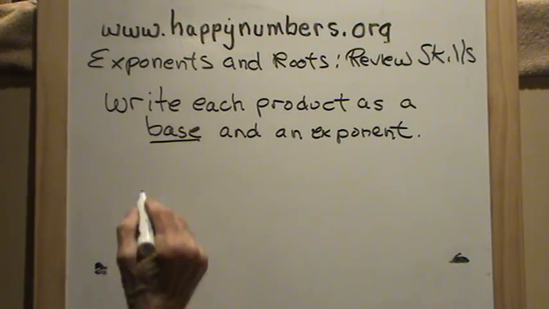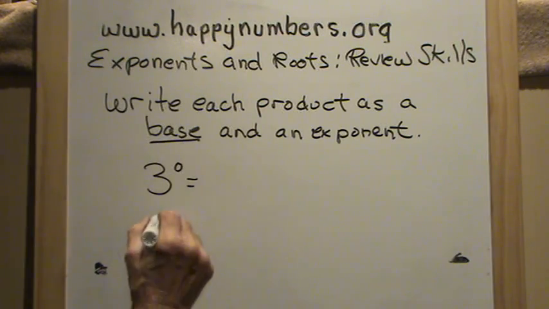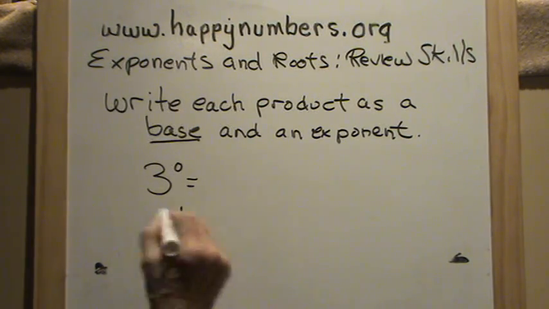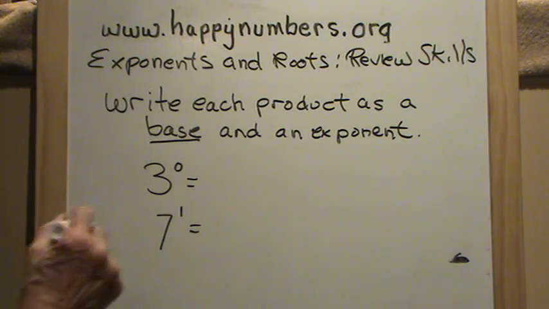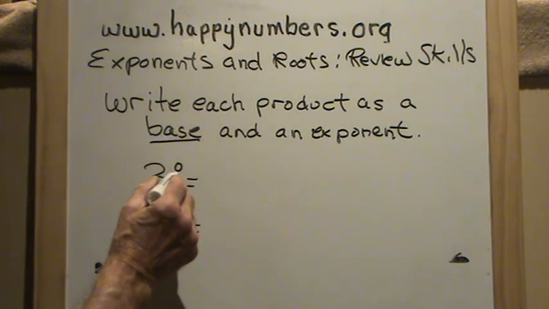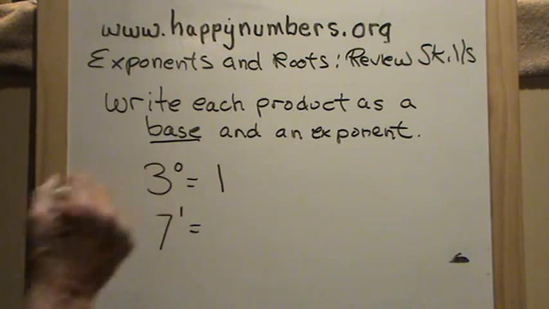Couple of quick problems for you here now. 3 to the 0 power, do that one. And 7 to the first power. Go ahead and work those. Shut your video off. All right, well these are fairly simple. We know that 3 to the 0, or any number to the 0 power, is equal to 1.